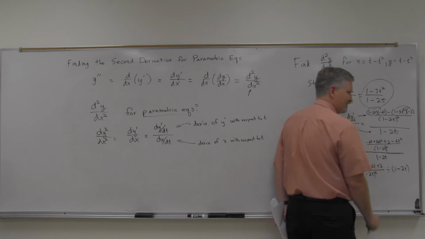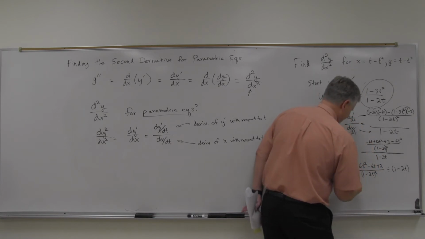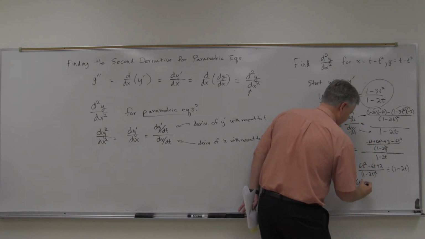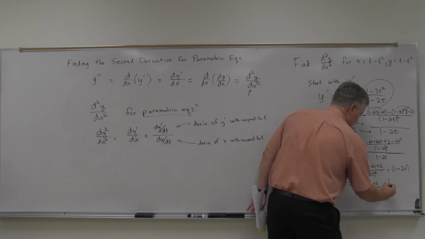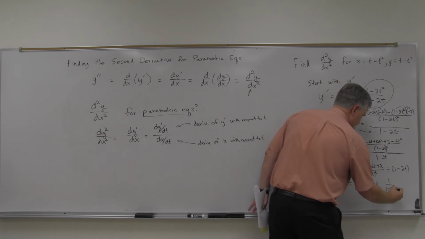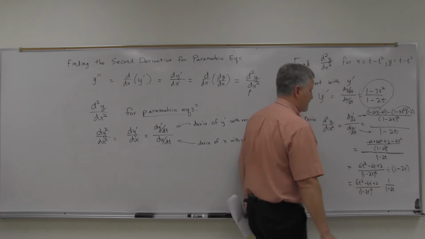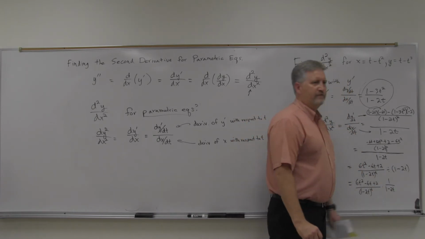But what does divide by 1 minus 2t mean? Times the reciprocal, right? So divide by 1 minus 2t means times 1 over 1 minus 2t.